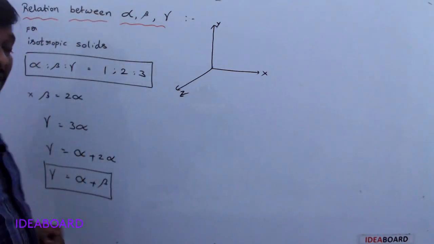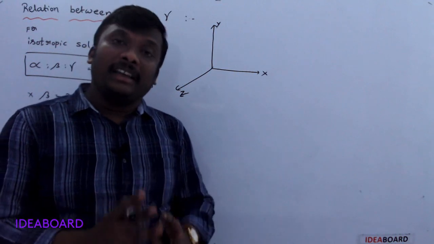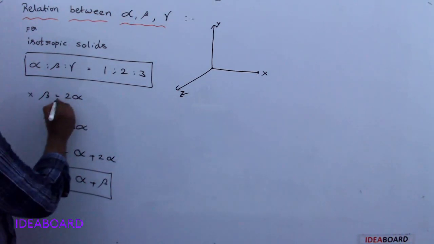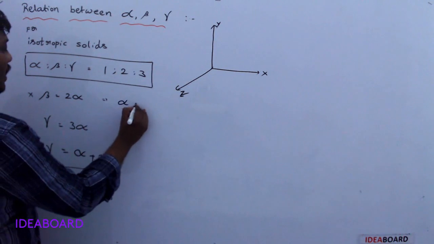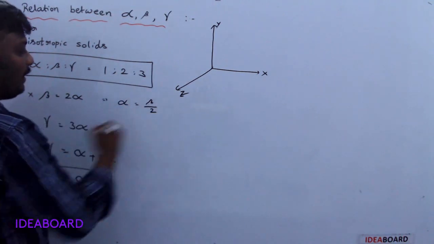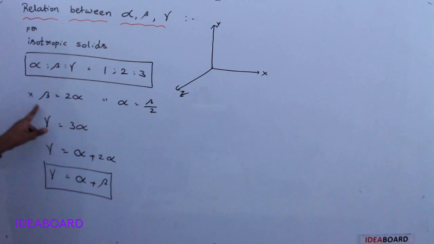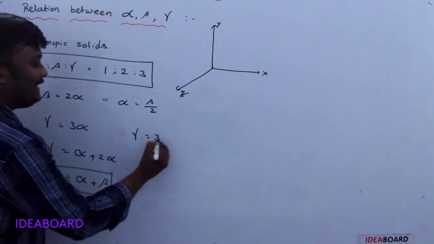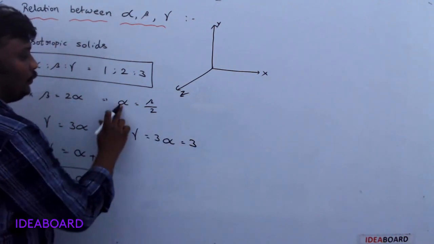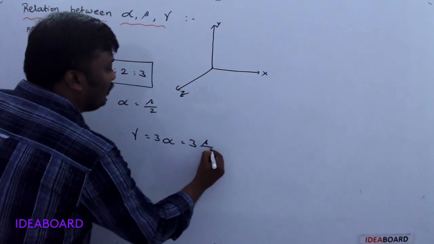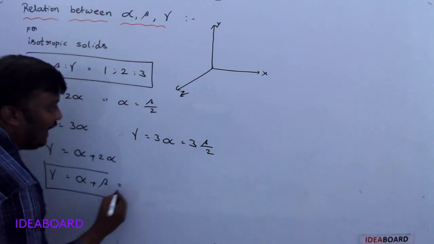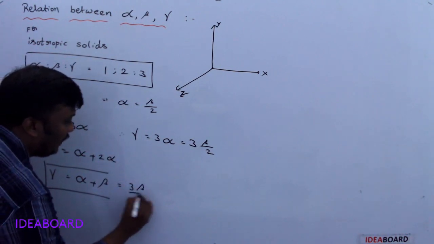Suppose they are asking for gamma in terms of beta only, and I don't want alpha. Then from this relation, alpha can be written as beta by 2. Gamma is 3 alpha, so instead of alpha, if you substitute beta by 2, we get gamma as 3 beta by 2.